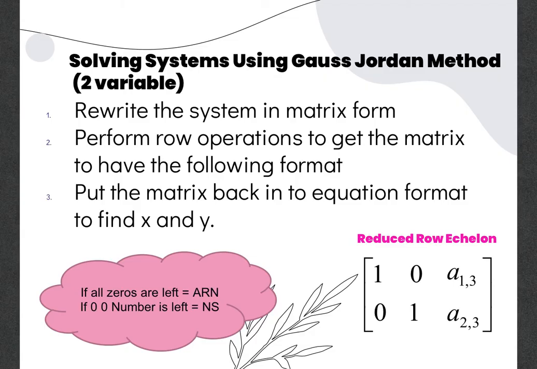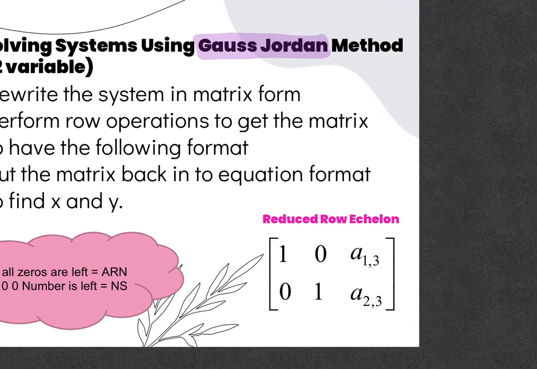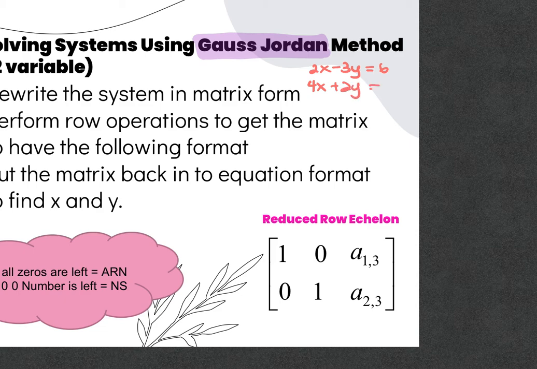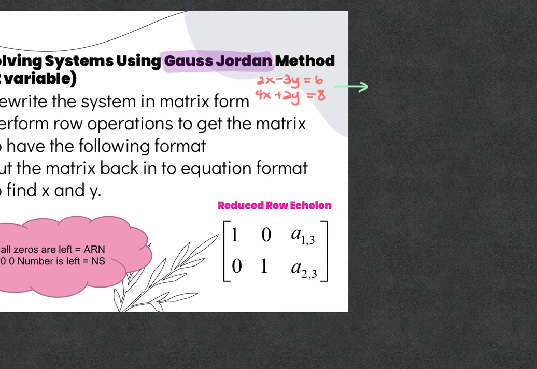This is why. You can solve a system using a method called the Gauss-Jordan method. I'm not going to test you on the name, but if you ever see that name, that's what this is. The goal with Gauss-Jordan is to rewrite your system in matrix form. So I'm going to take something like 2x minus 3y equals 6, 4x plus 2y equals 8, and rewrite it in matrix form, which means get rid of all the variables.